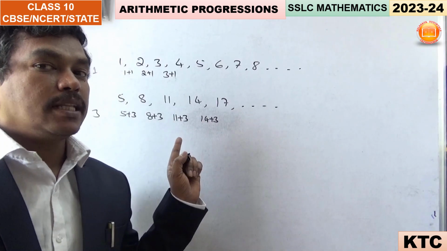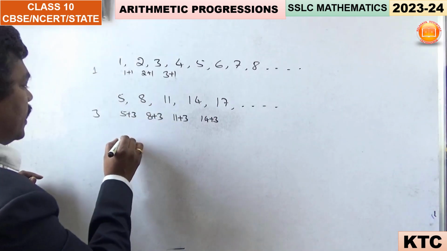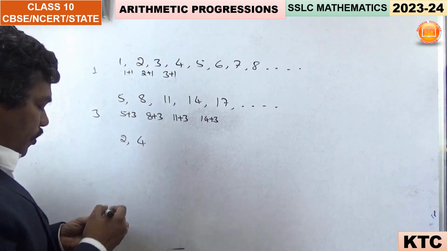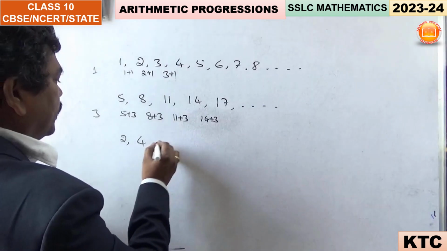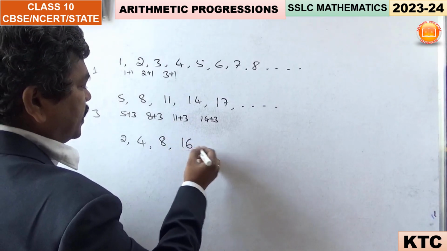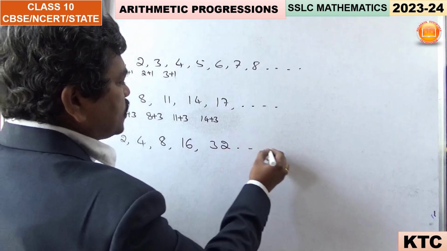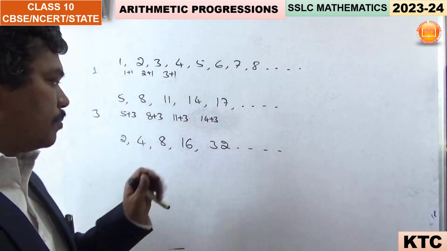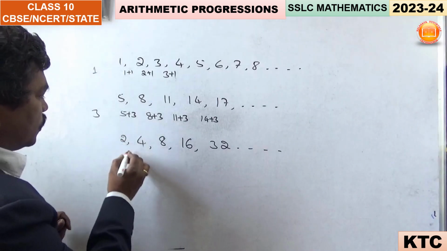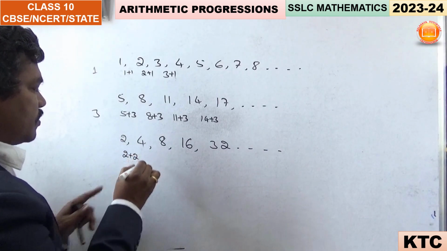But I take another series here: 2, 4, 8, 16, 32 and so on. Observe this series. If you add 2 to this one, it becomes 4.